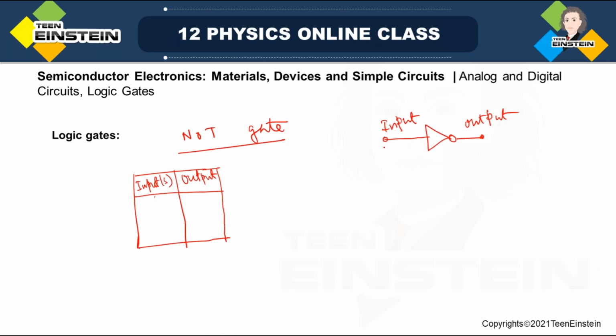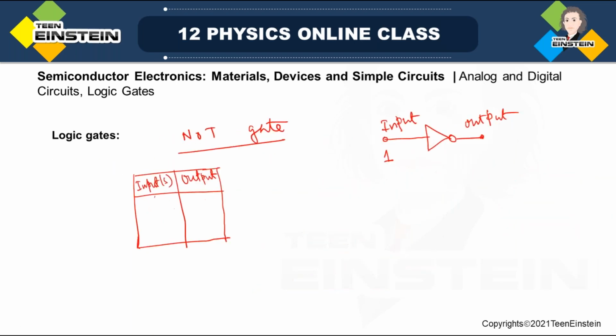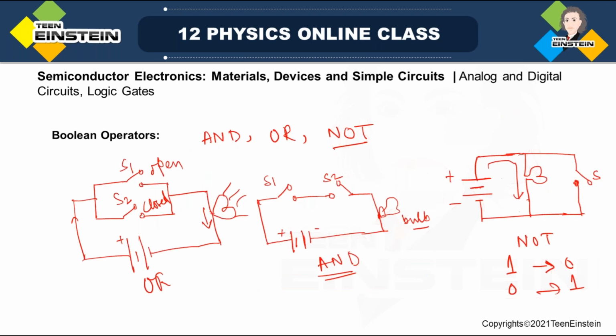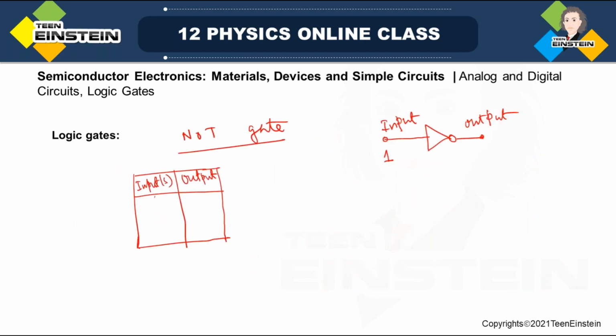We had already seen in the NOT operation, if the switch is on, then the bulb will not glow, that means your output will be 0, right? So if you write input 1 or at high state, then your output will be at low state. Or if the input is at low state, then your output will be at high state. So this is the truth table for NOT gate.